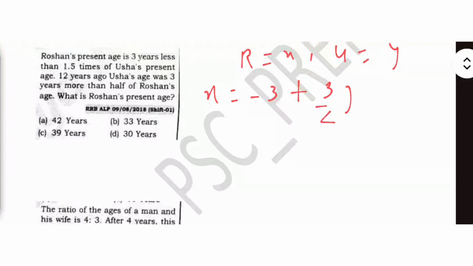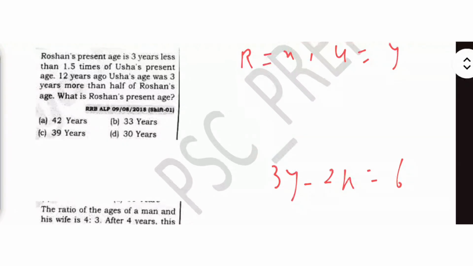So this is nothing but 2x equals minus 6 plus 3y. So 3y minus 2x is 6. Simple. Next.